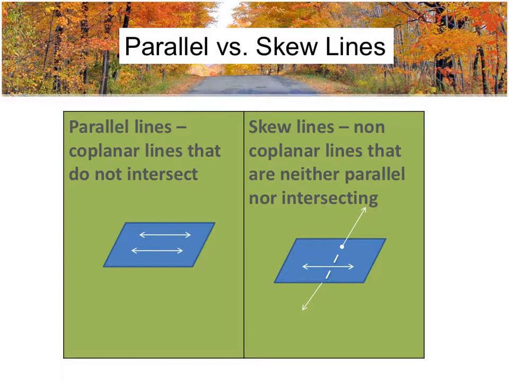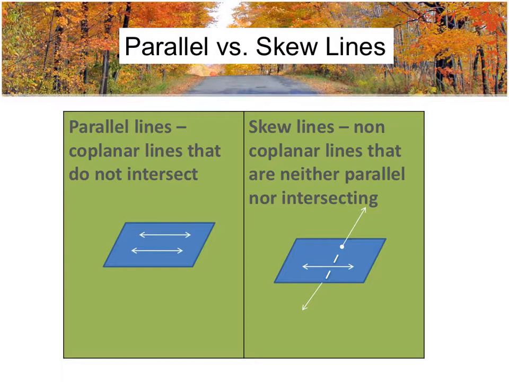So a line in the ceiling like this and a line in the floor like this, they're parallel because you can make a plane. Even if the plane's not there, you can make it. Does that make sense? If you picture this room to be a box, the top corner that's running that way and the bottom corner that's running that way are also parallel because I can make a plane that runs diagonally through this room. Does that make sense?